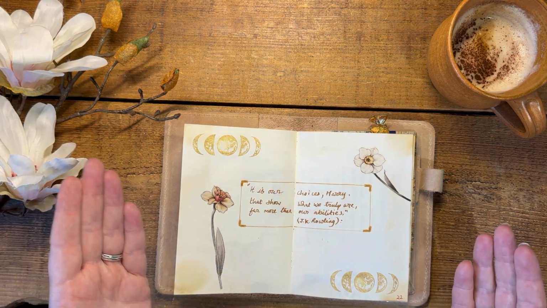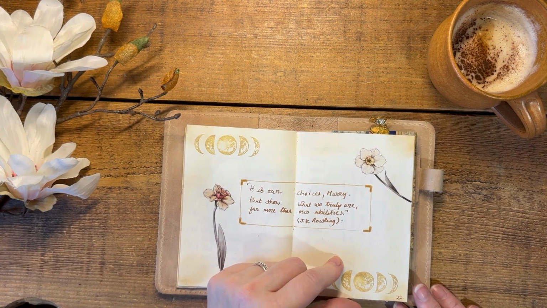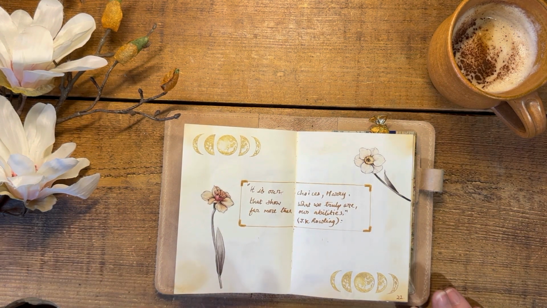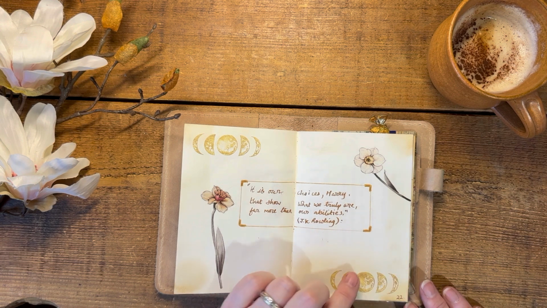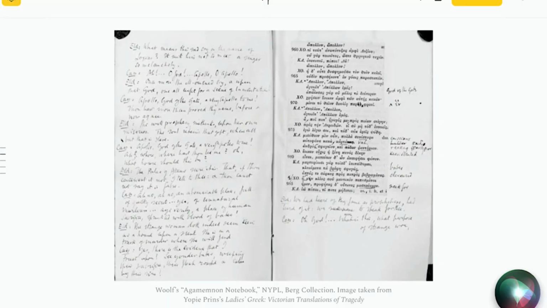I'm just using papercraft, but you could illustrate it yourself, or you could have no illustrations, just have your quotations, your writing, your ideas. And Virginia Woolf here would probably collect quotations, books to read lists, I should think. And here we've got an example of her pasting in the work of another writer and writing notes on it. So she's annotated it, writing notes, exploring her ideas.